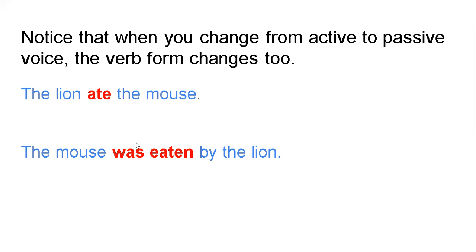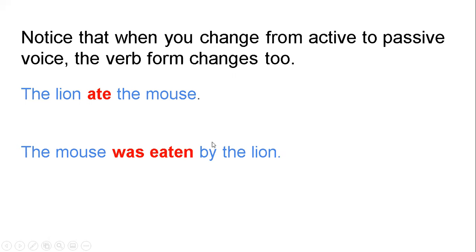So, if I don't change the verb form like this, the meaning of the sentence will change because I'm interchanging the object and the subject. If you see this big X I'm making on the screen, the object here is becoming the subject and the subject here is becoming the object.